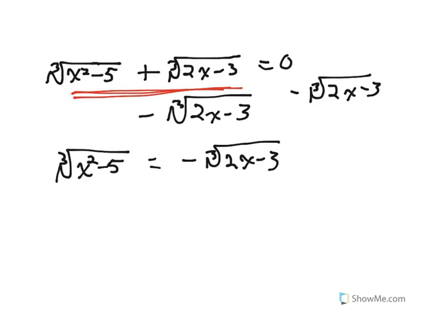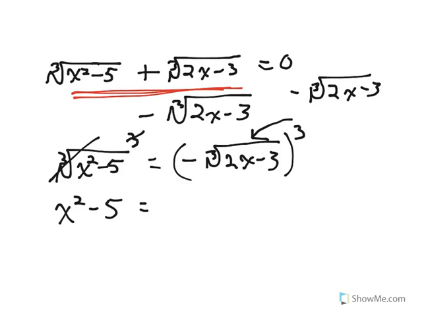So this gives me the cube root of x squared minus 5 equals negative cube root of 2x minus 3. Now to cancel the radicals, I am going to cube both sides of the equal sign. On the left, remember the cube cancels the cube root, which leaves x squared minus 5. And on the other side, not only are we cubing the cube root, we are also cubing the negative 1 on the outside, which is still negative.